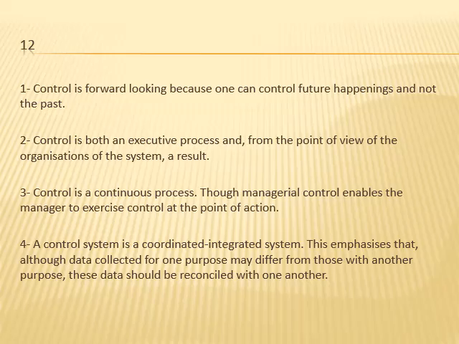Number 2. Control is both an executive process and, from the point of view of the organization, a system as a result. As an executive process, each manager has to perform the control function in the organization.